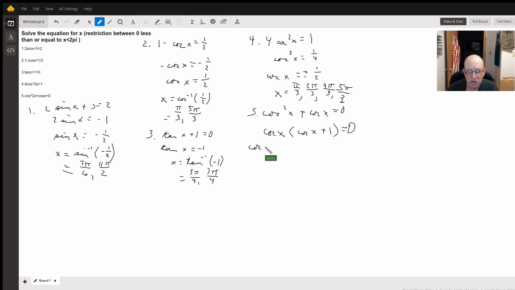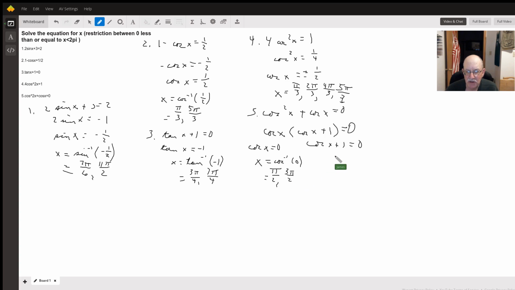So we get cosine x equals 0, and cosine x plus 1 equals 0. Do the inverse cosine. x is going to equal inverse cosine of 0. Well, cosine is 0 for pi over 2 and 3 pi over 2.